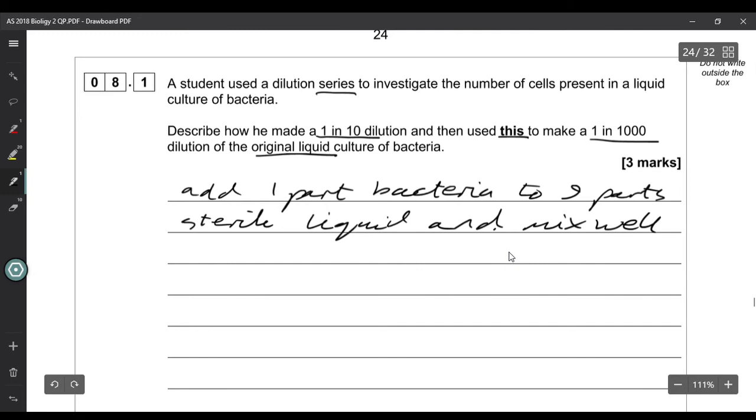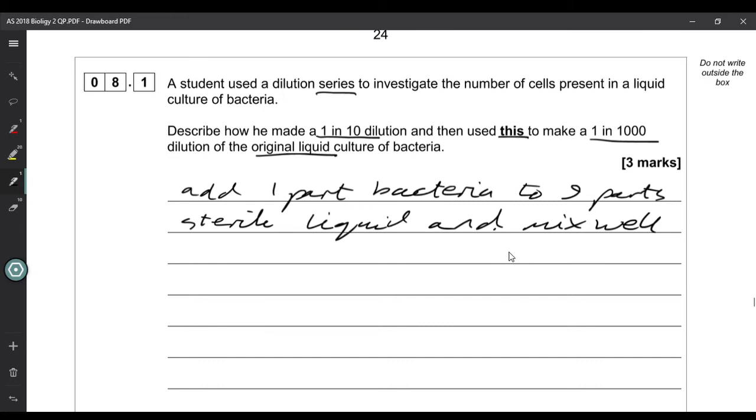So by adding 1 part to 9 parts, you've got 10 parts in total, and one of those is the bacteria.